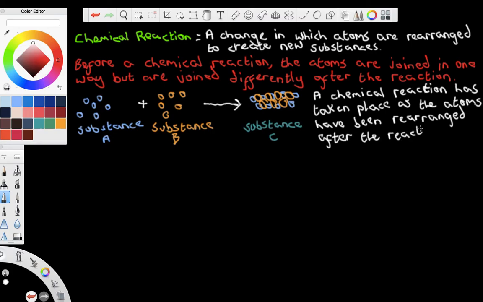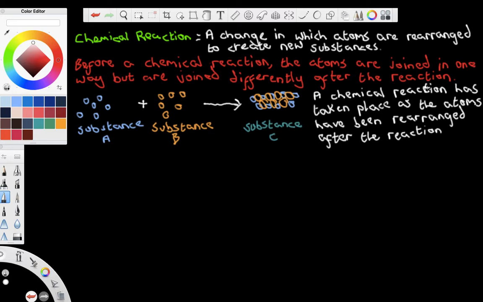Okay, so we started off with substance A and substance B, and then a chemical reaction has taken place to make substance C, where the atoms have been arranged into a different formation. Therefore, this is a chemical reaction.